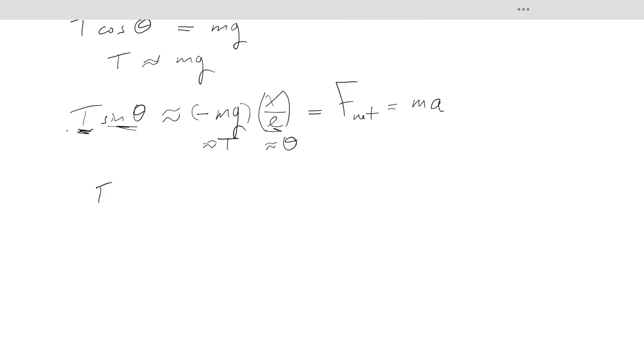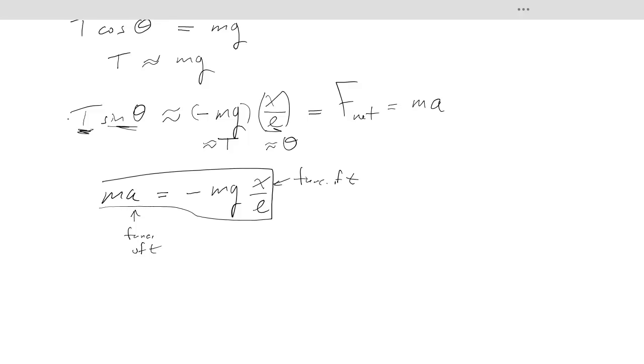I have an expression such that, let's just rewrite it as ma equals minus mg times x over L. And remember that this is a function of time, and this is also a function of time. So I can clean this up even further.